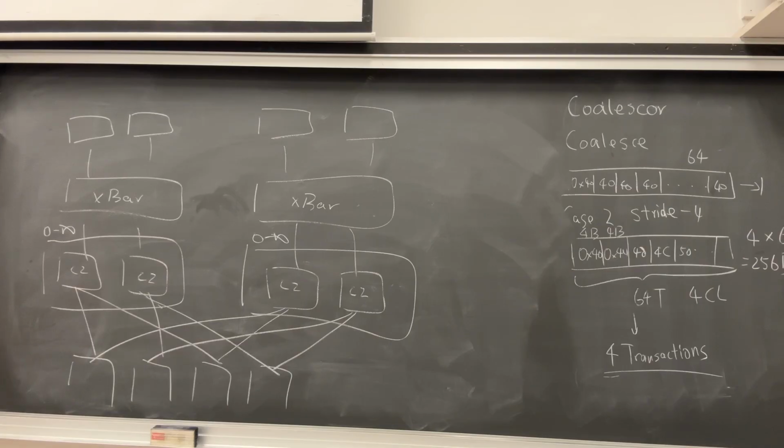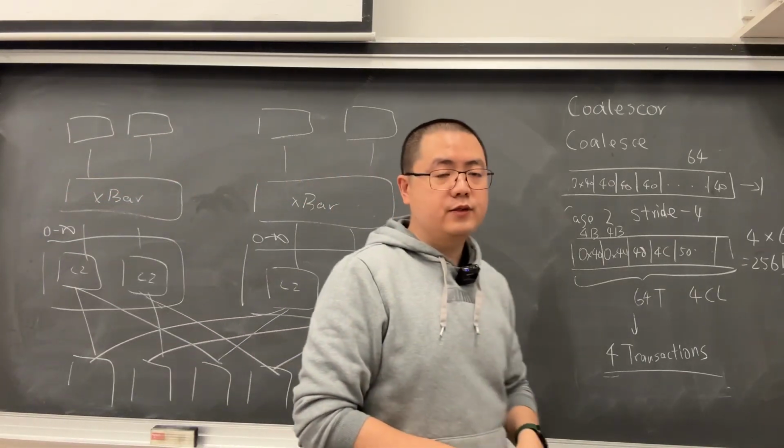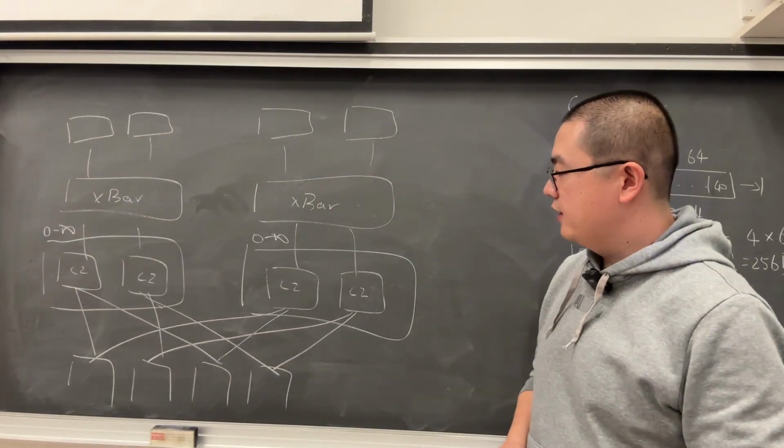I don't know if recent AMD GPUs are doing this or not, but this can improve the scalability of the problem. But definitely at a cost: if you are accessing from one part to another part, then the latency penalty is higher. The performance is not as high.